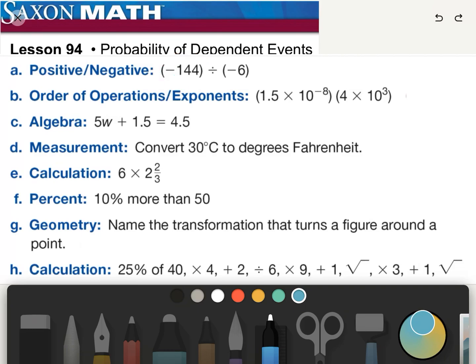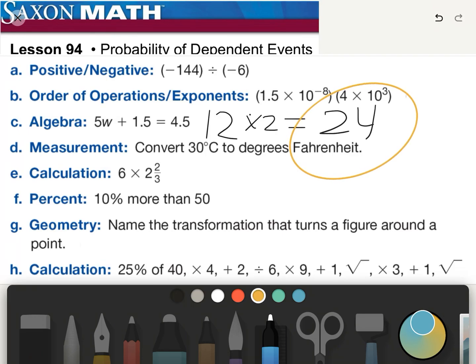With mental math, I know that 12 times 12 is 144. Since we're dividing by 6, and 6 is half of 12, 12 times 2 is 24. That is the answer to A.